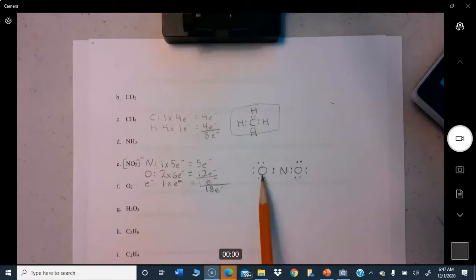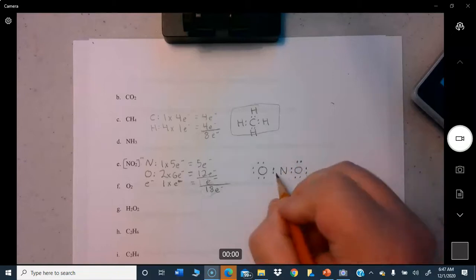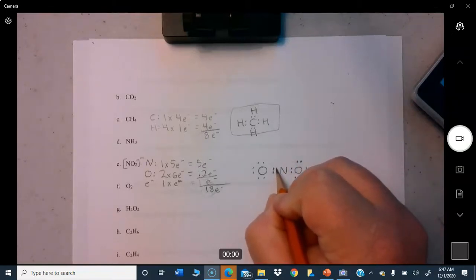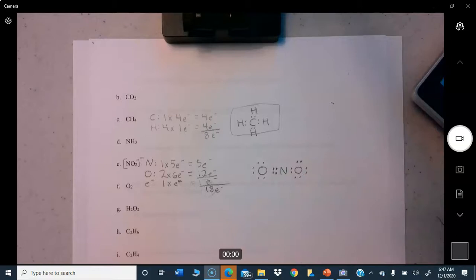We need to have 18. We only have 16, and nitrogen doesn't have an octet. So that means we need to add 2 more. The place where I would add those 2 more is right here, because I need to give nitrogen 4 more electrons anyway. So now nitrogen still doesn't have an octet, but now we have the correct number of electrons at 18.